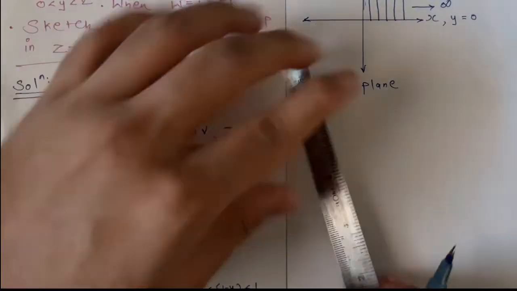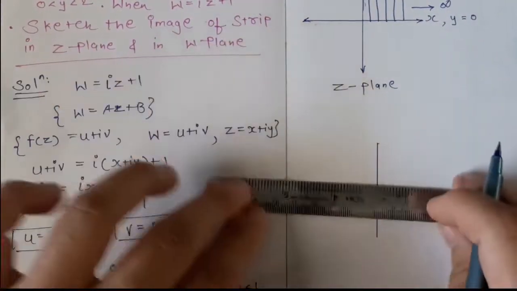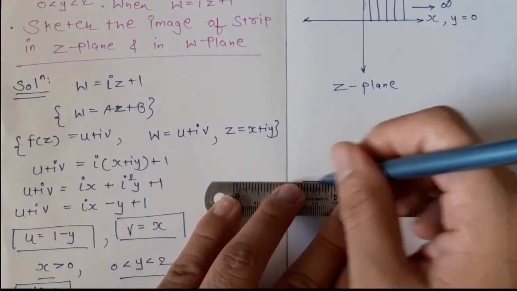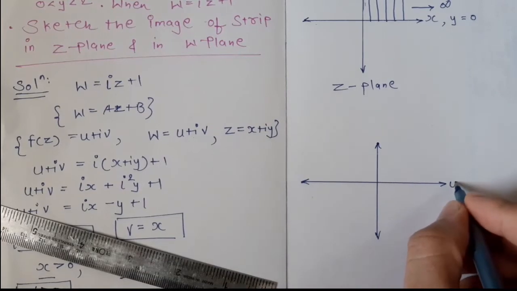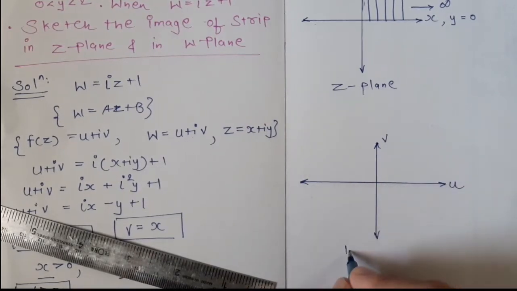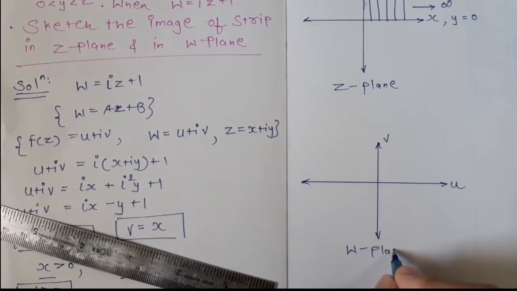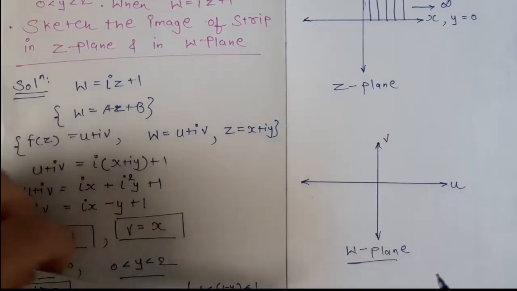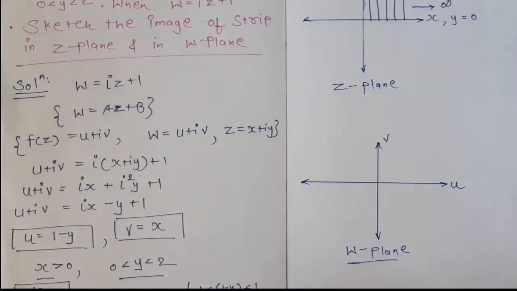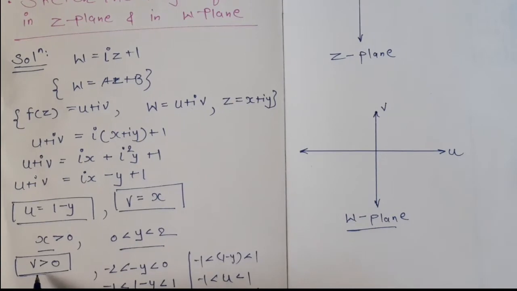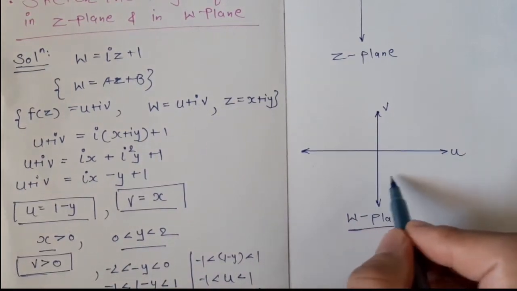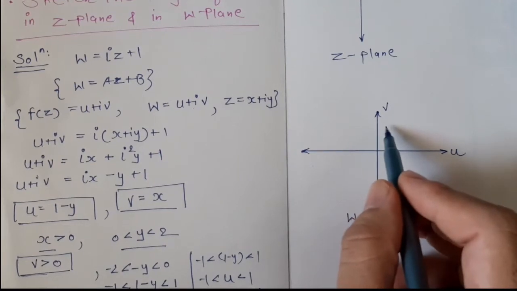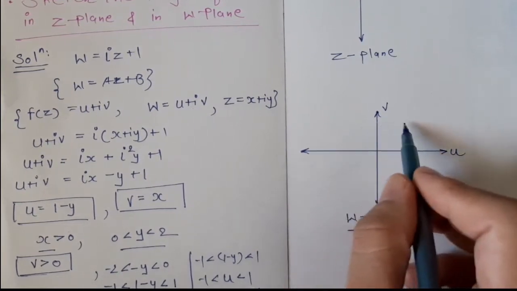So now we will draw. This is the u axis and this is the v axis and this is nothing but the w plane. Now here it is given that v is greater than 0. So this is the negative part of the v axis and this is the positive part of the v axis. We have to take the positive part only.